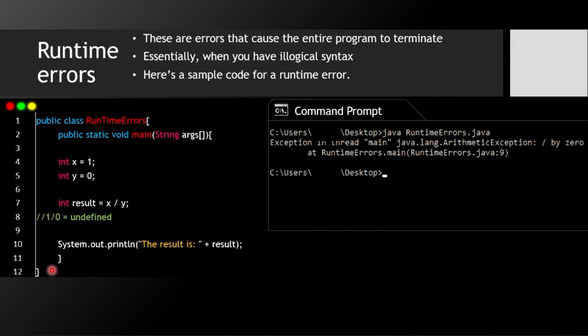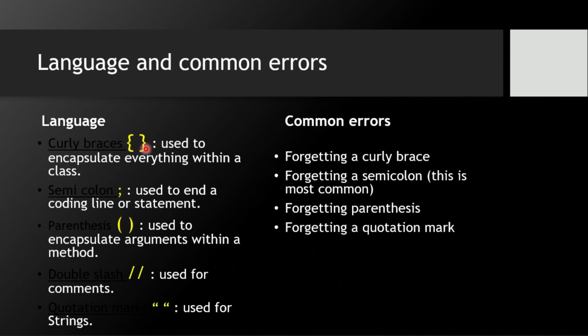They act as some sort of container. So when you talk about a glass and water, when you put water in a glass, the water is contained within the glass, right? So meaning everything that we write in our code here is going to be contained within this class. So that is what a curly brace is used for.